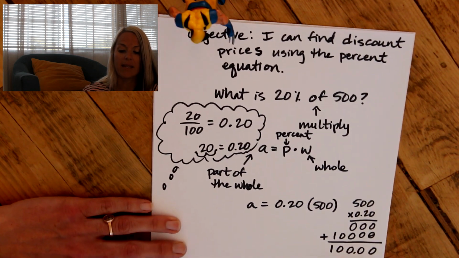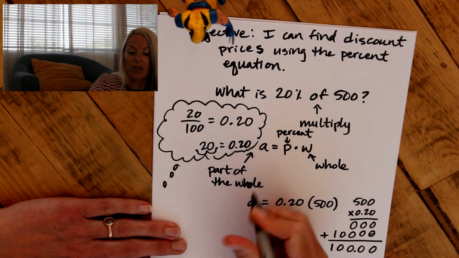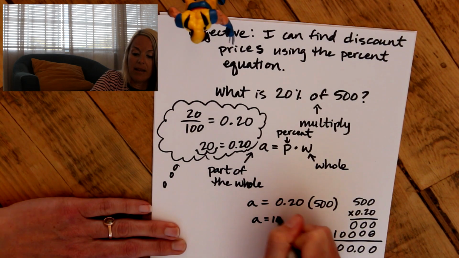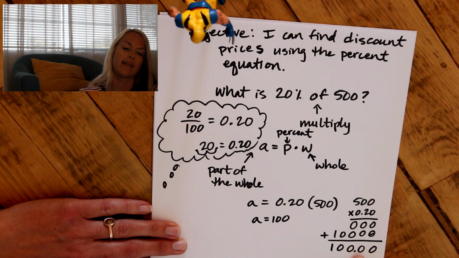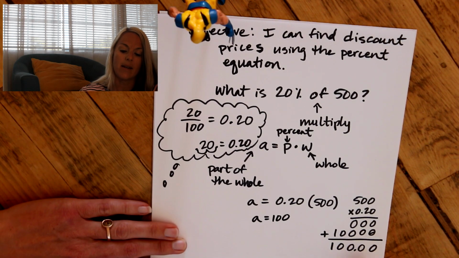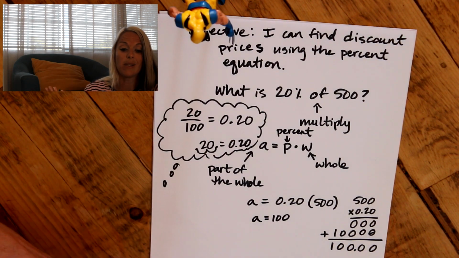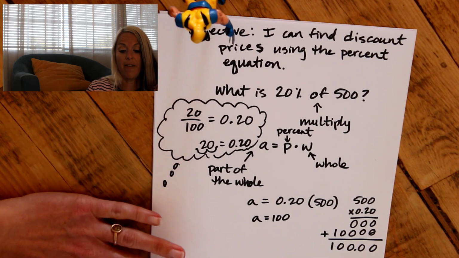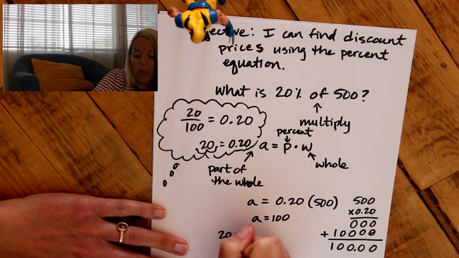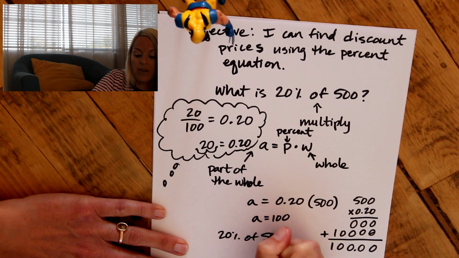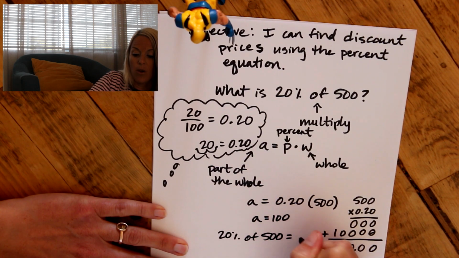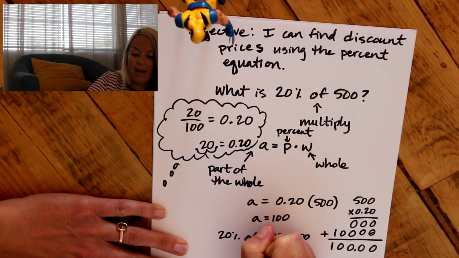So now I can see that my answer A is 100. I don't need to keep that decimal 0, 0. So to answer this question, what is 20% of 500? Well, 20% of 500 equals 100.